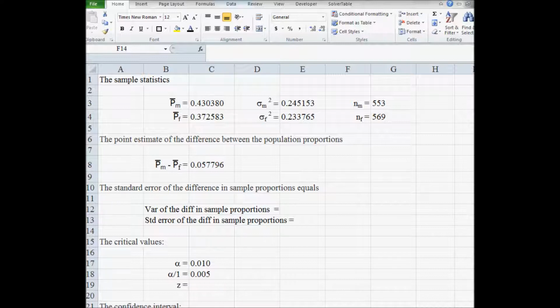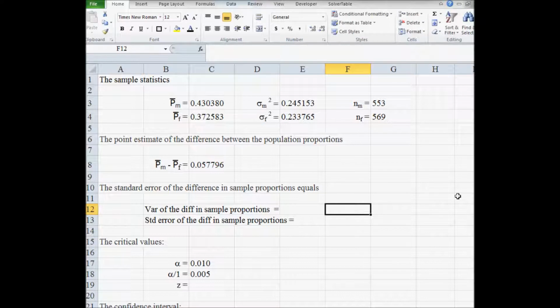And from this point on, this particular problem is identical in the following steps to a two-mean test where the population variances are known.